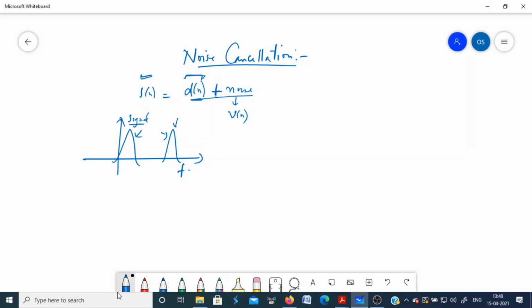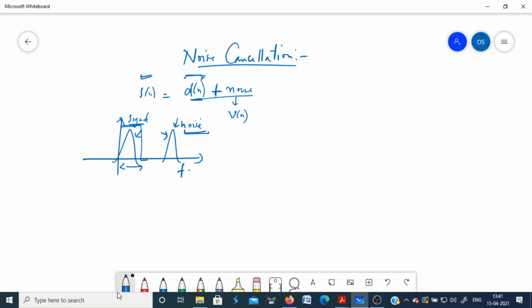If the signal and the noise occupy two separate frequency bands, then of course a normal filter, like a low pass filter, can be used. So this frequency will be passed and noise is stopped. If they occupy separate bands in the frequency domain, you can design a filter based on some frequency response criteria and filter out the noise part, right?